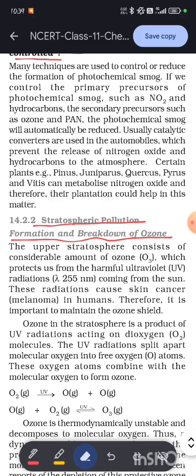Ozone in the stratosphere is a product of UV radiations acting on dioxygen molecules. The UV radiations split apart molecular oxygen into two oxygen atoms. These oxygen atoms combine with the molecular oxygen to form ozone.